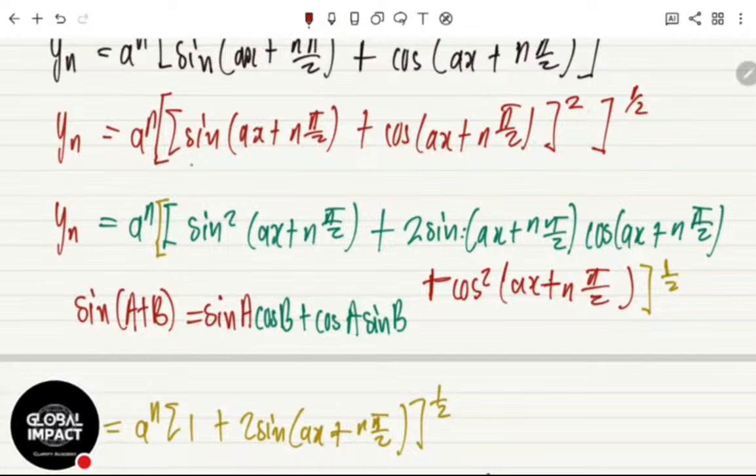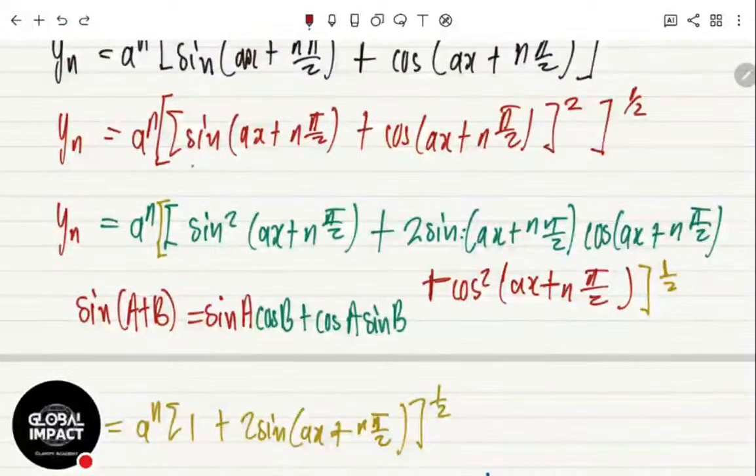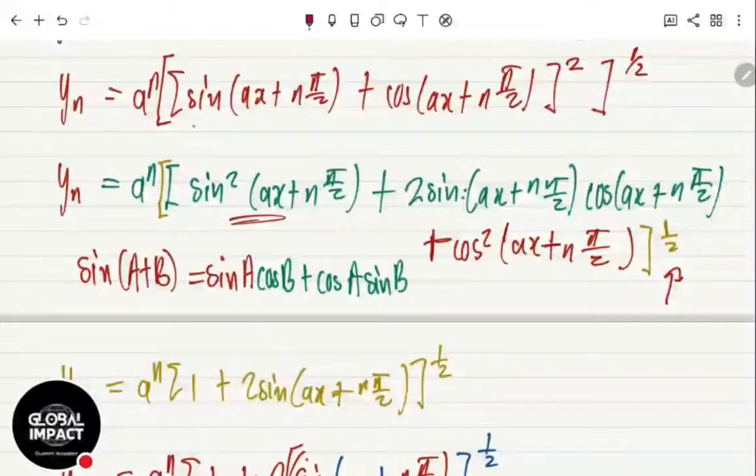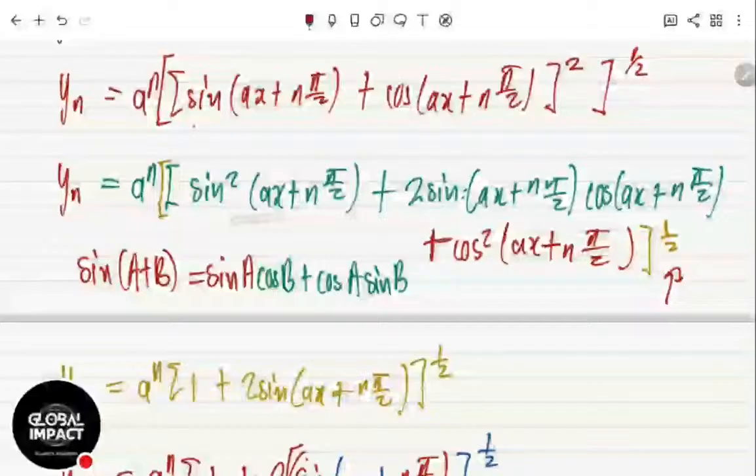When you square and square root, you distribute the square, whilst the square root is outside. Then you simplify, and that's when you get this sine squared and this cos squared, combining to give you 1. Then you remain with 2 sine ax plus n pi over 2.